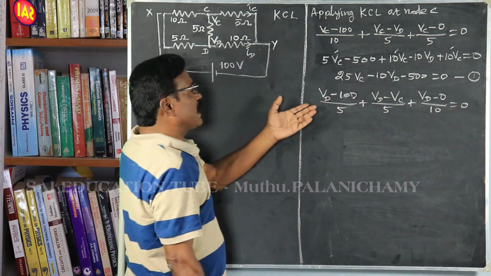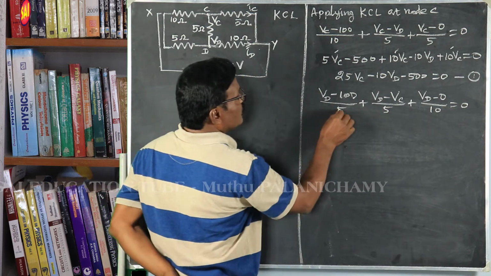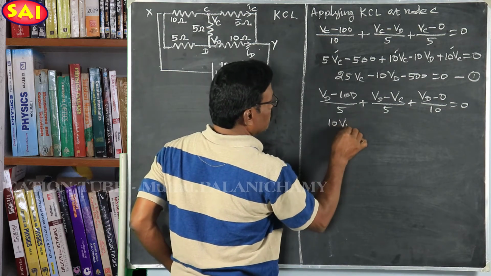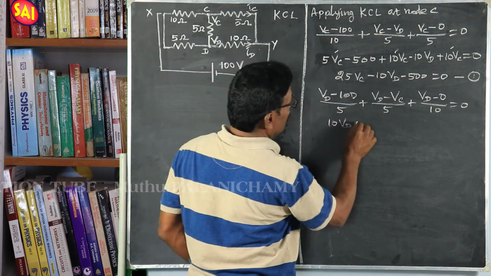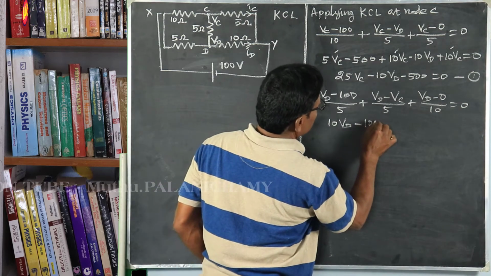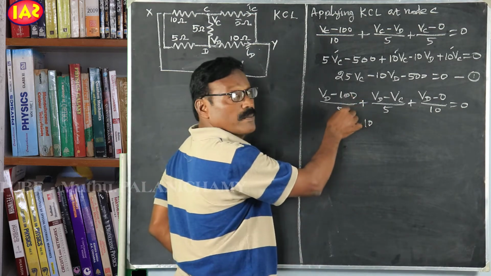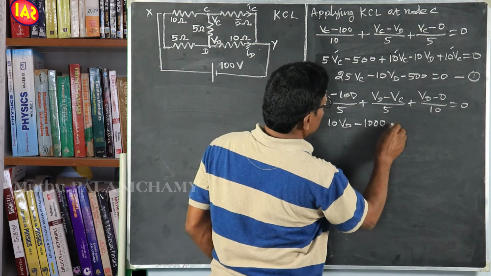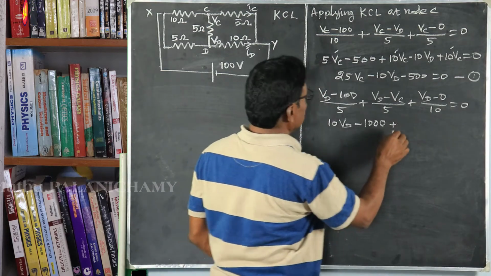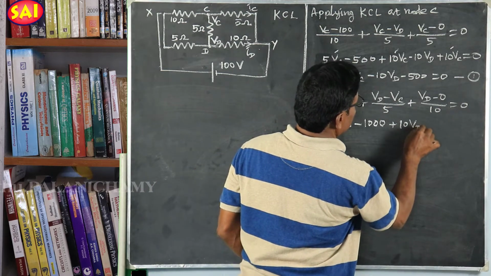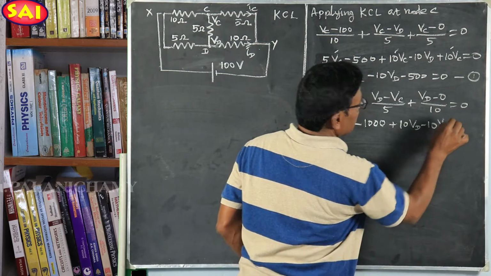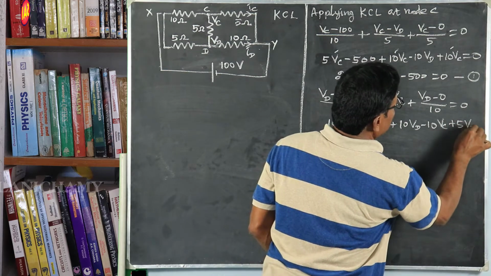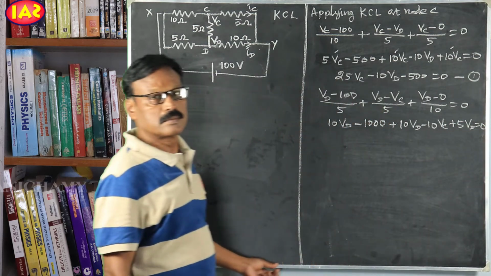Now also multiply this by 50. So 10 times 10 VD, minus 100, here is 100, if you multiply it by 10, then it will be 1000, plus 10 VD minus 10 VC plus 5 VD equal to 0.